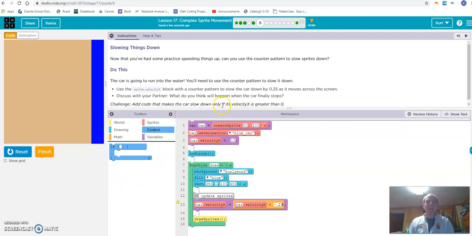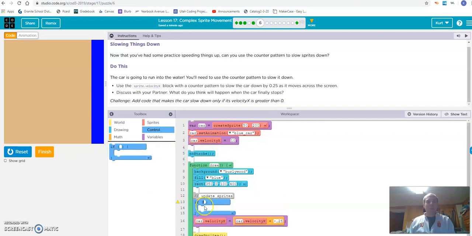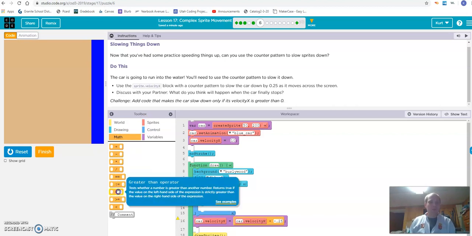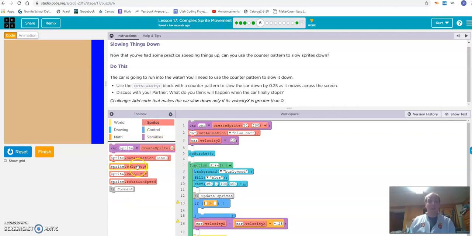If its velocity is greater than 0, that's exactly what we're going to put in. So our comparison is going to be a greater than. Greater than goes right here, and then we put in car.velocity x.